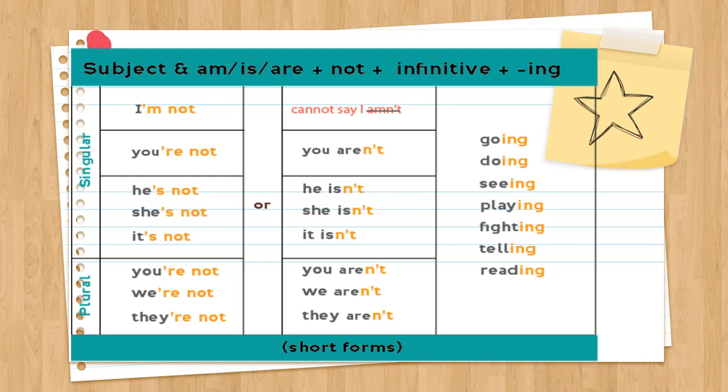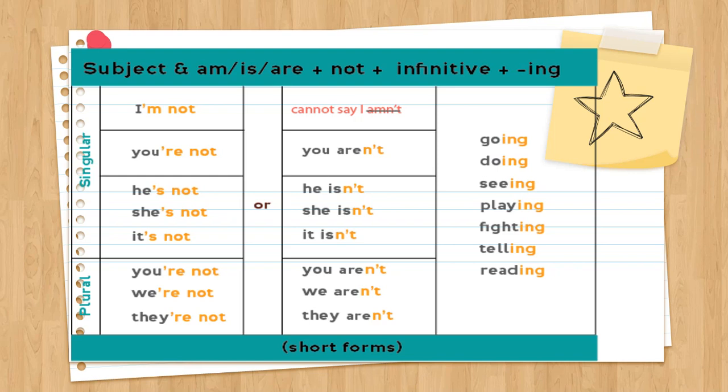He isn't playing basketball, football, baseball, whatever. She's not, she isn't. It's not, it isn't. It isn't reading, it isn't playing, it isn't doing, it isn't going. You're not, you aren't.